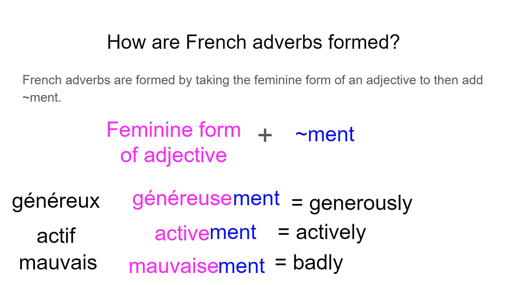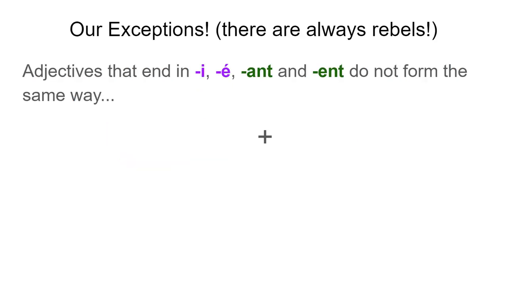So, of course, in French, there are always exceptions, and we usually have rebels that make our lives a pain in the butt. So, it's not an exception here when it comes to our adverbs. So, any adjectives that end in I, accent aigu, ant, or ent, those do not form the same way.